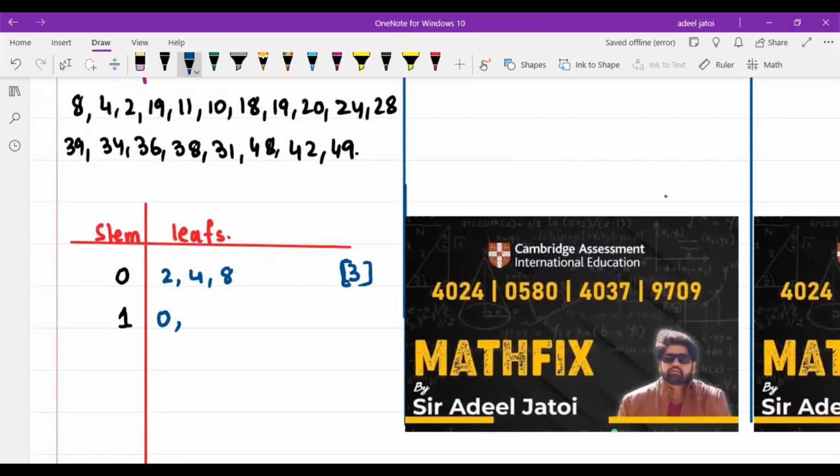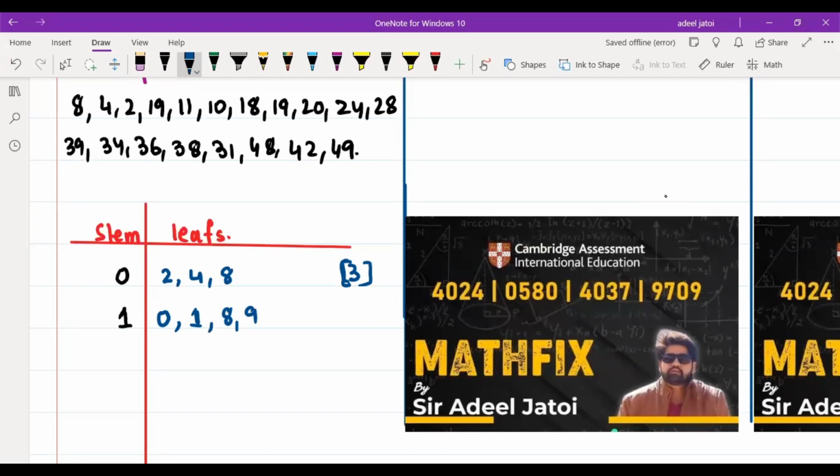We have 11, so we'll put down 1. If any number is repeating twice, we will write it 2 times there. So if 11 is twice, we write 1, 1. Then we have 18, 19, so there should be 8, there should be 9.